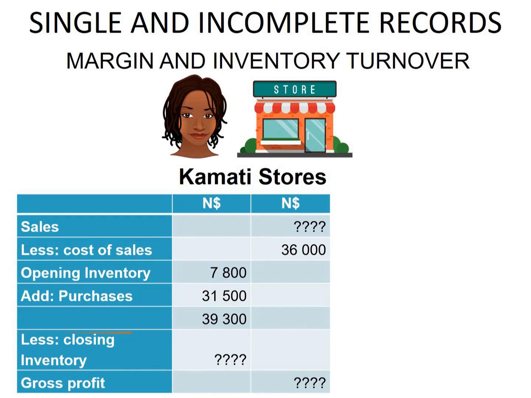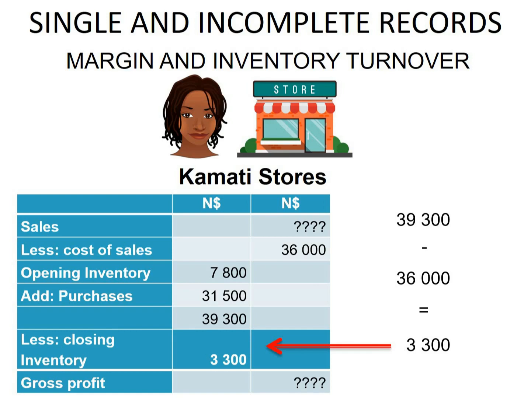We would say 39,300 less what will give us 36,000, because 36,000 is our cost of sales, and we can swap that formula around to say 39,300 less the 36,000, which is the cost of sales. That will give us 3,300. So our closing inventory will be 3,300.